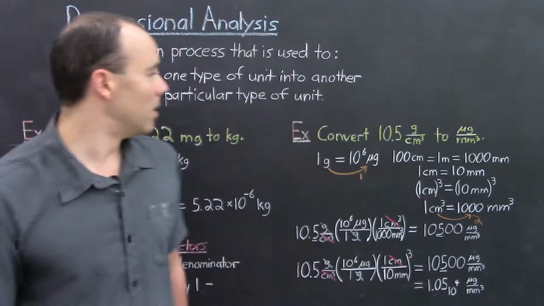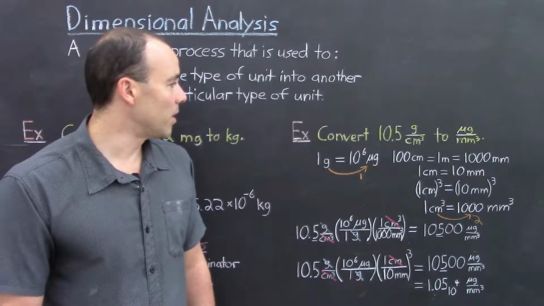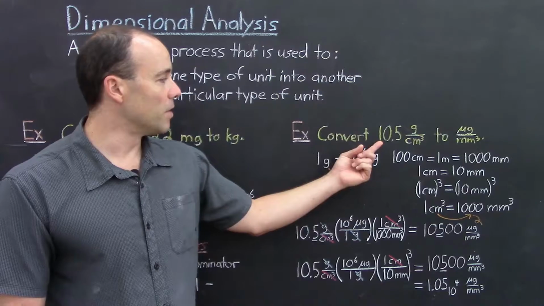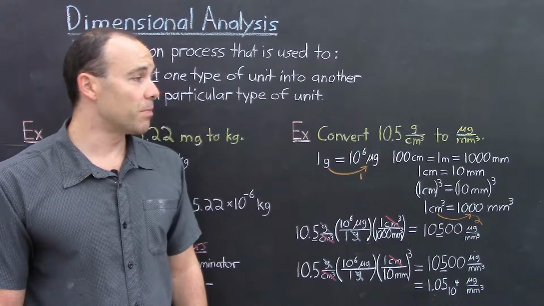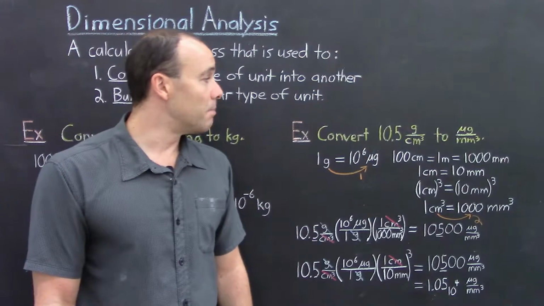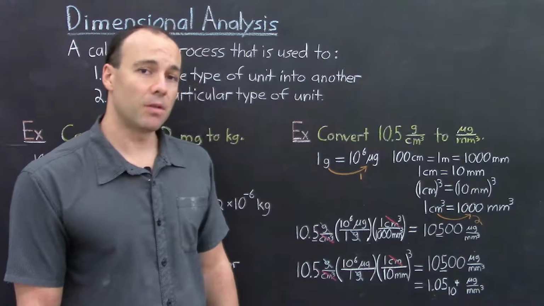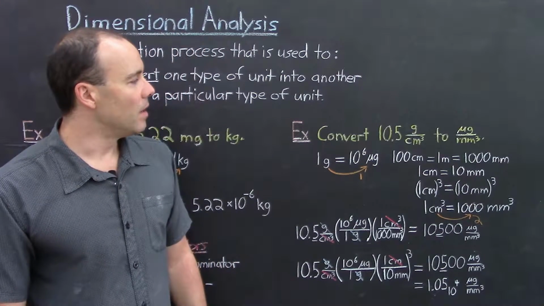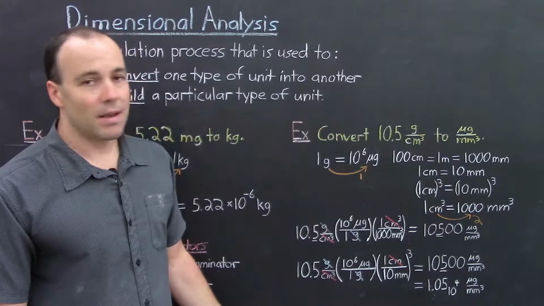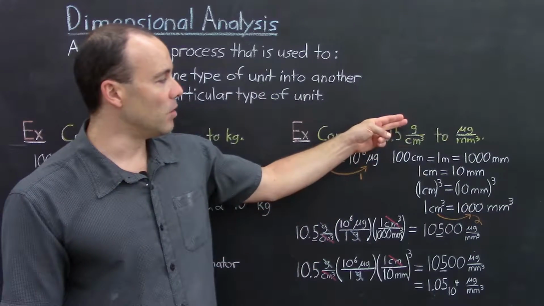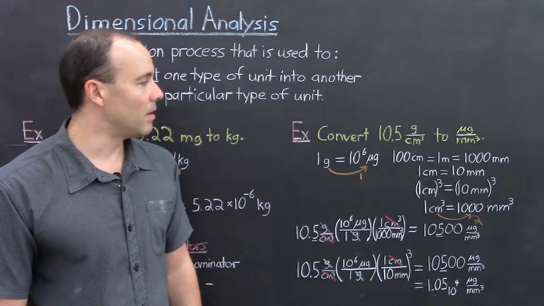Another example is right here. Suppose you want to convert 10.5 grams per centimeter cubed to micrograms per millimeter cubed. Now here you have a derived unit where there's a unit in the numerator and a unit in the denominator.